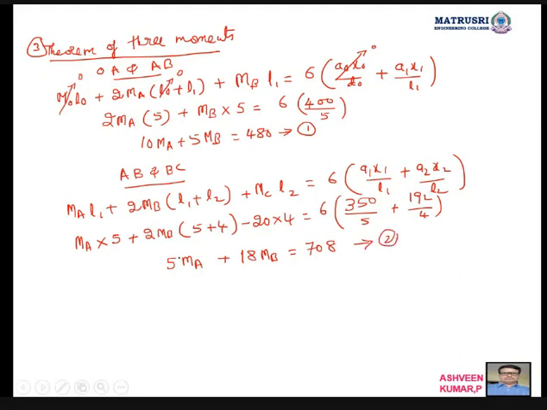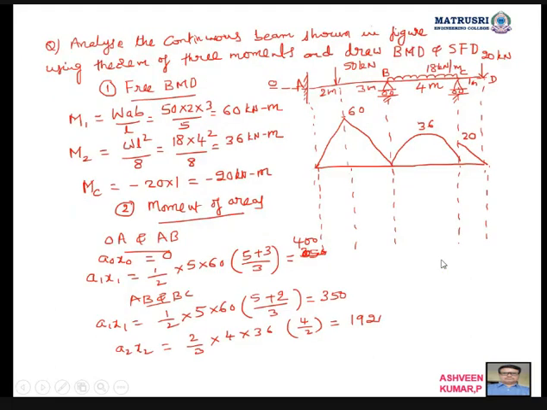Using calculator, solving 1 and 2, you'll get the value of MA as 32.9 kilonewton meter. Then MB is equal to 30.19 kilonewton meter. If you draw the bending moment diagram, what will we take here?